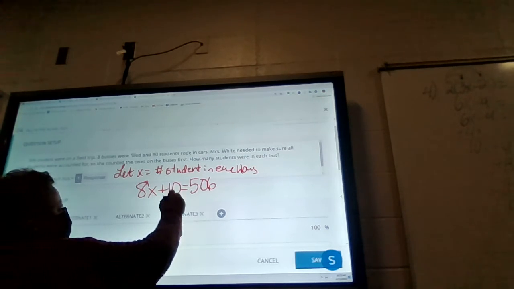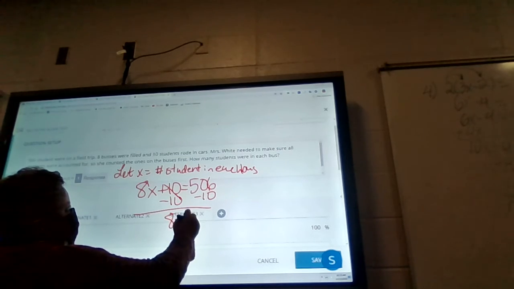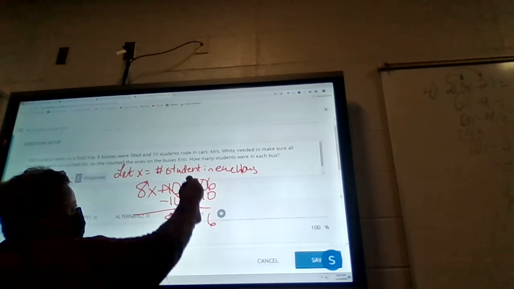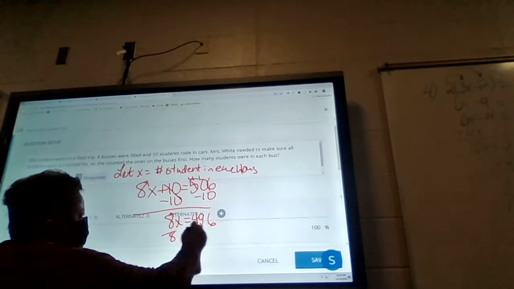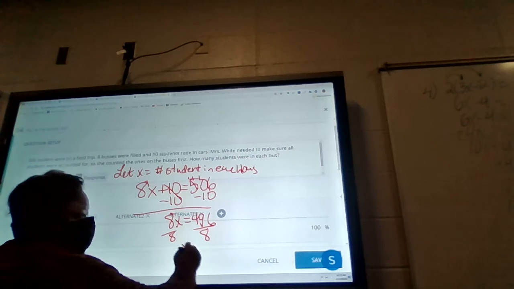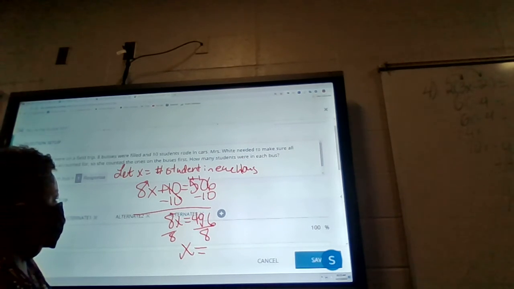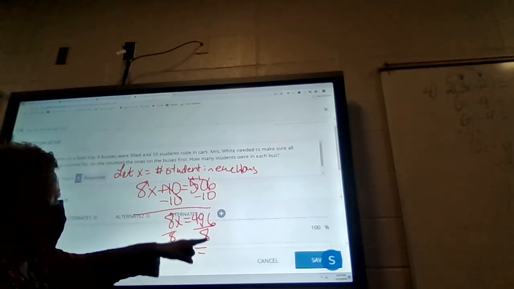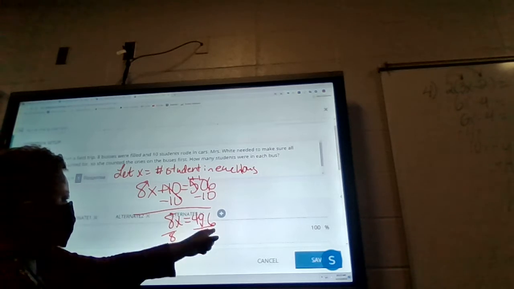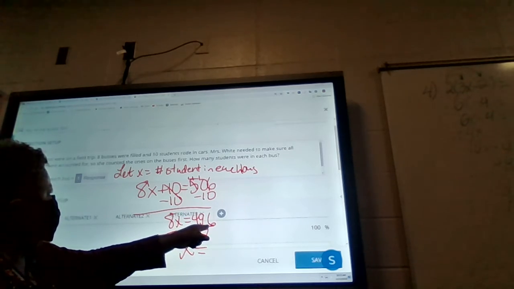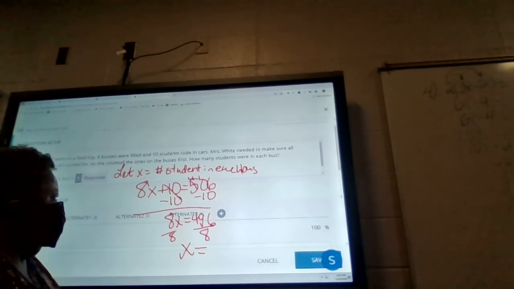So we're going to subtract 10 from each side. So 8x equals 496, not 494. 506 minus 10, double check me now.